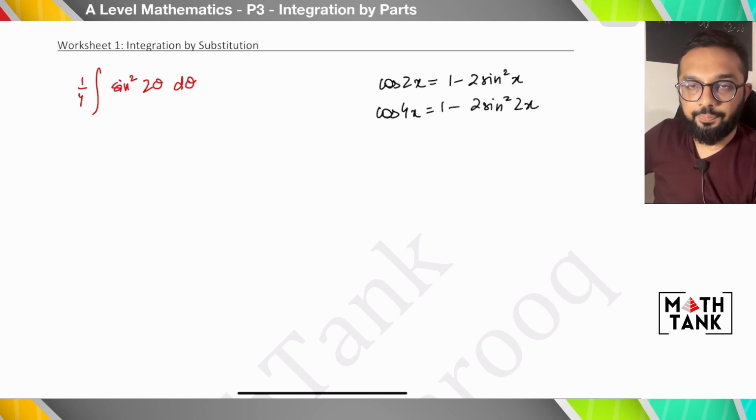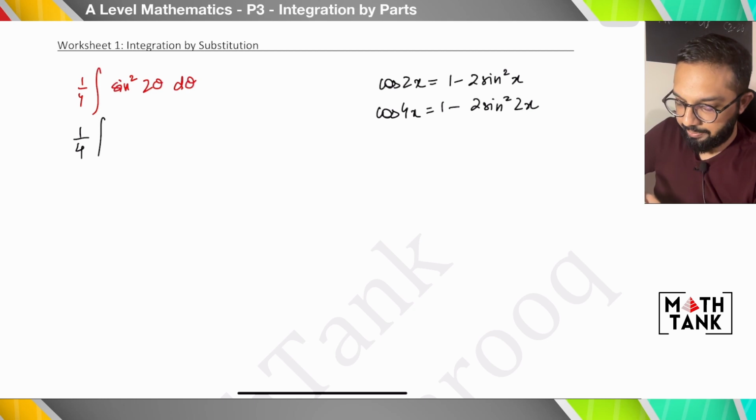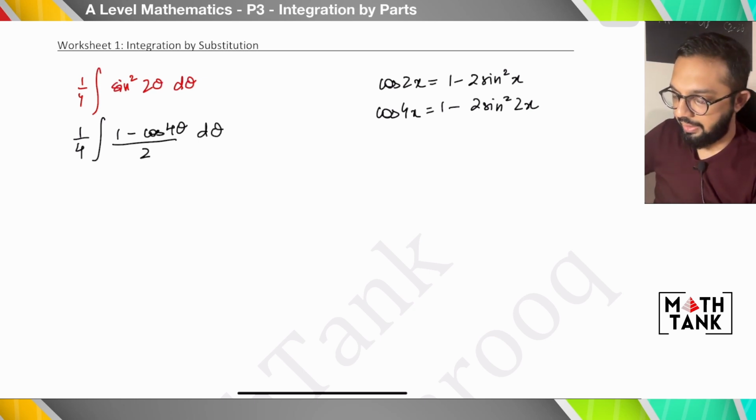So in order to find the integral of sine squared 2 theta, I'm going to make sine squared 2x the subject, which means that I can replace sine squared 2 theta with (1 minus cos 4 theta) over 2 d theta. I've made sine squared 2x the subject from here.